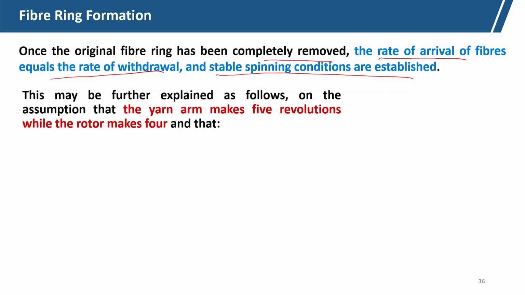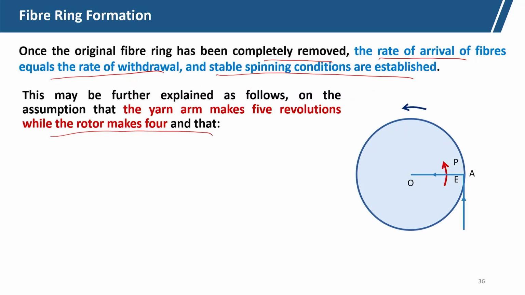This may be further explained on the assumption that the yarn arm makes 5 revolutions while the rotor makes 4 revolutions. This is the simple assumption.